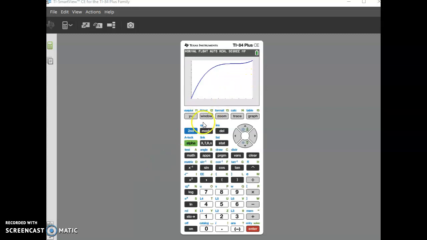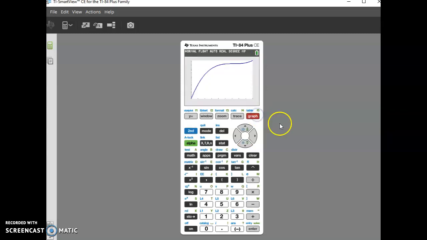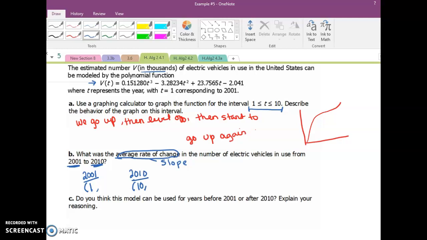Okay, now I'm back to my calculator, and this was our graph. So if I hit second graph to bring up the table, this is what I want. So you see when my x is 1, or my t is 1, my y is 18.584. So I'm just going to write 18.584.